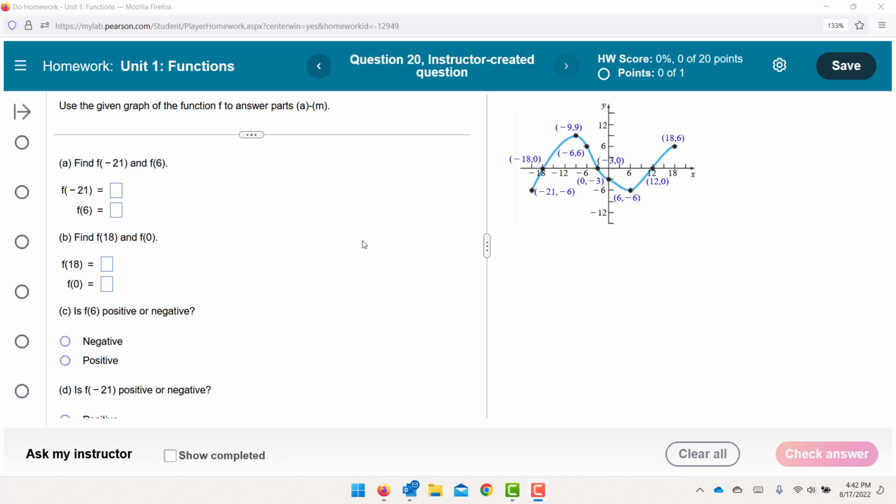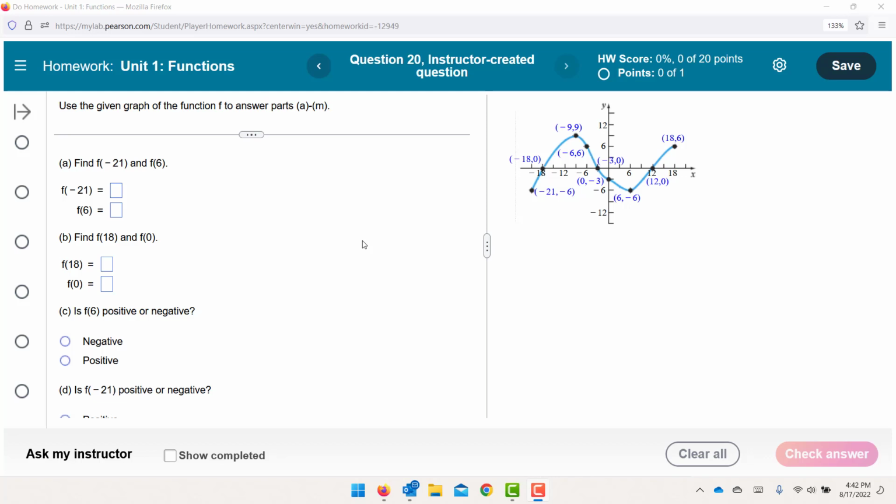So part 1 says find f of -21 and f of 6. Well, first you have to remember that this is function notation. This is f of x notation. It stands for the y value at any particular x. F of x is the y value at whatever the x is.